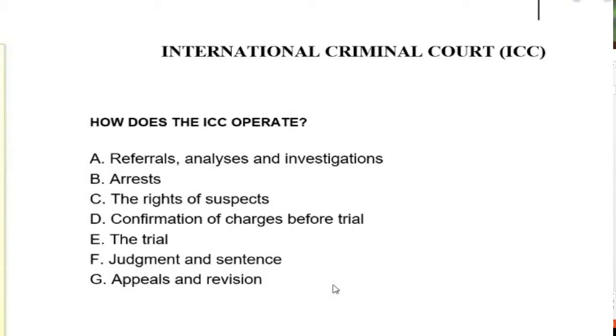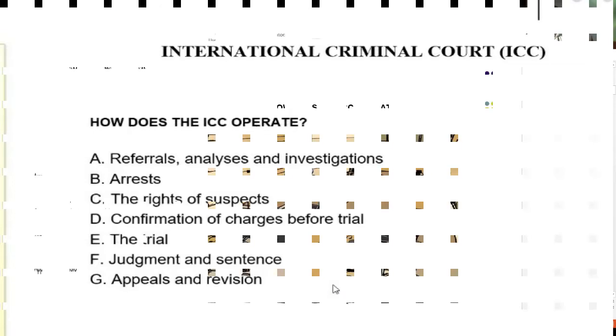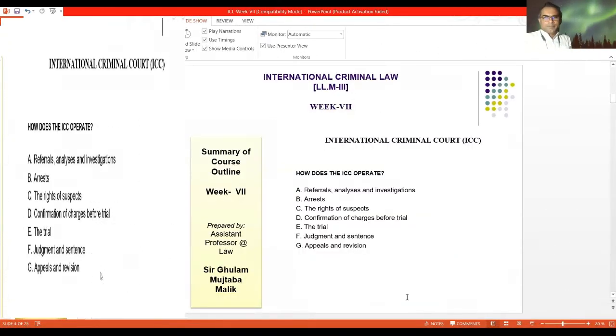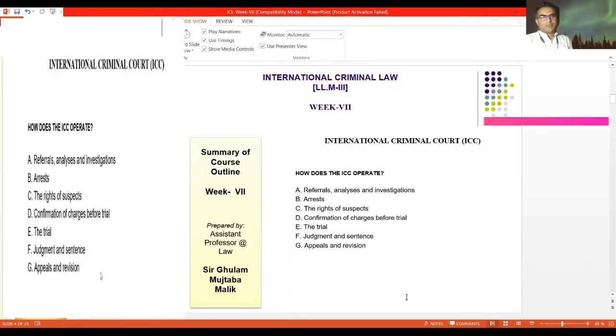So initially, how do cases come before the court? Any state party to the Rome Statute can request the Office of the Prosecutor to carry out an investigation. Students, I'm beginning this lecture with the discussion on how the ICC operates. In the first part, referrals, analysis, and investigations.